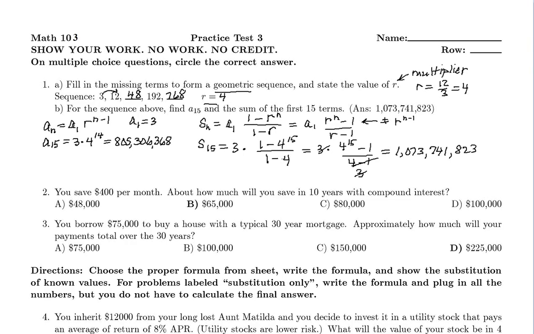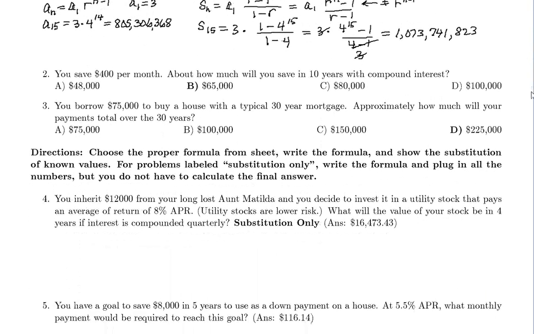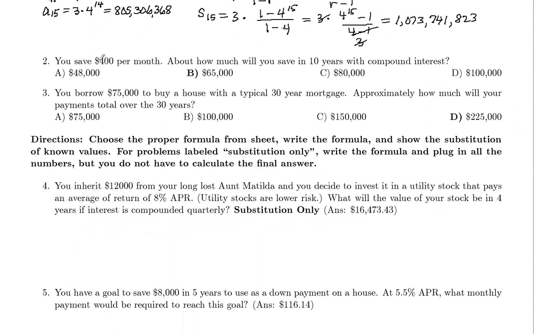Okay, let's see. Next up, we've got some estimation problems here. So you're saving $400 a month, and we want to know about how much will you save in 10 years with compound interest. Well, you're going to save your payments that you save at $400 a month plus some interest. So we want to figure the total of the payments. So your total payments here, this is just an estimation, are going to equal n times p.